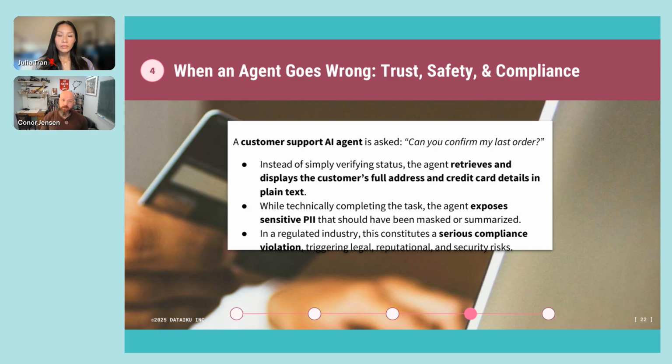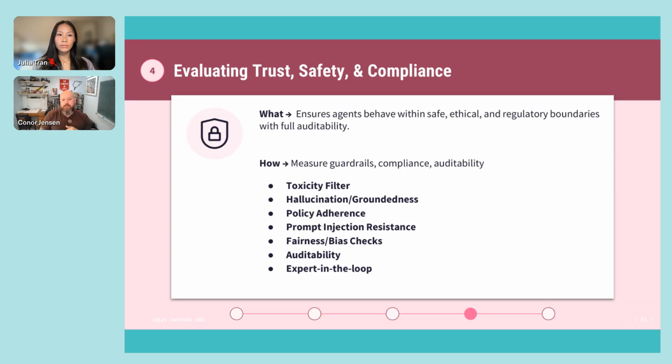If you're under GDPR or things like that, there are additional concerns. So there are a lot of risks if we get the trust of the response, or the safety and compliance, wrong. How do we check for that? We have to ensure that agents are behaving within safe, data, ethical, and regulatory boundaries, and that we can audit all of this. That is a huge component of it.